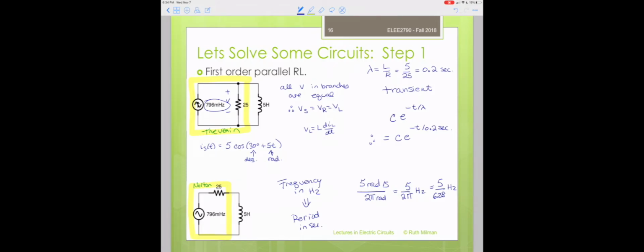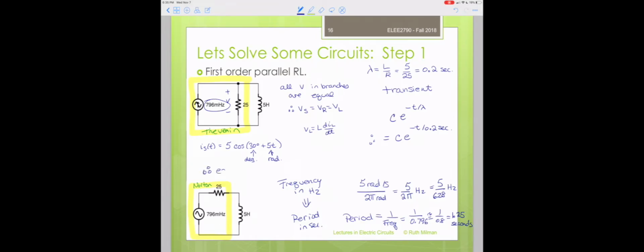So if it's 796 millihertz, then what is the period? The period is equal to 1 over the frequency, which is equal to 1 over 0.796, approximately equal to 1 over 0.8, which is equal to 1¼ seconds.